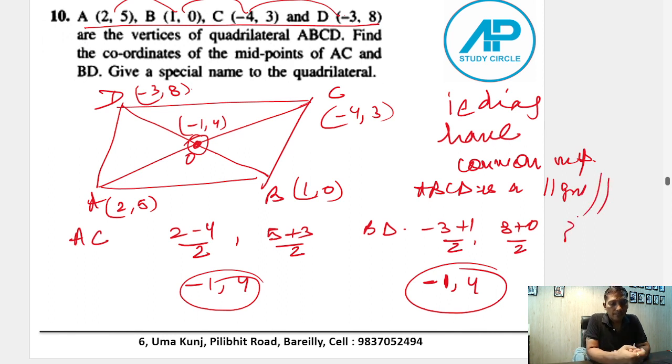Please understand and remember, this is the property of a parallelogram: diagonals always have a common midpoint. Wherever the diagonals have a common midpoint, what should you consider it? A parallelogram. In any quadrilateral where the diagonals have a common midpoint, meaning the diagonals are bisecting each other, it can be a parallelogram, a square, a rectangle, or a rhombus. But I should write the name of the basic one of all the quadrilaterals, and that is the parallelogram. In the family of quadrilaterals, the parallelogram comes first and then the remaining ones come.